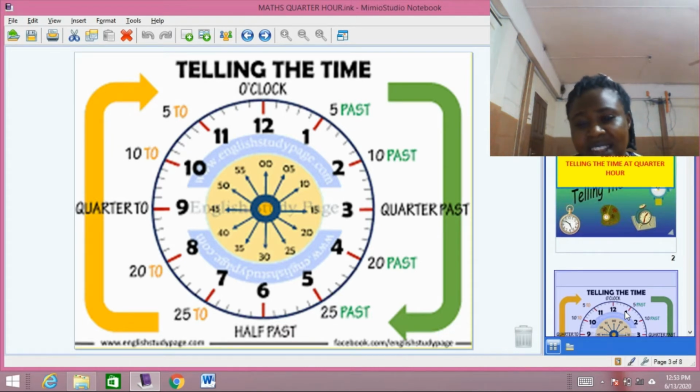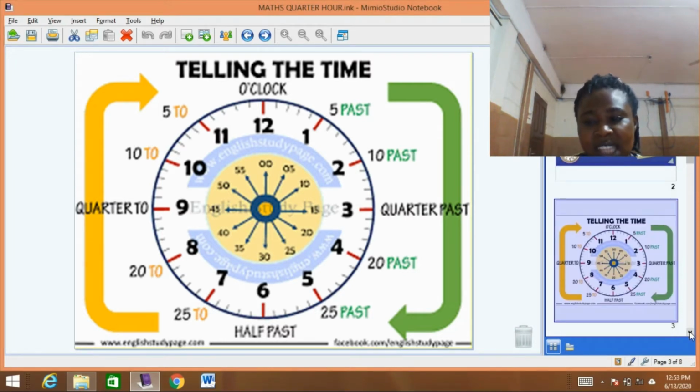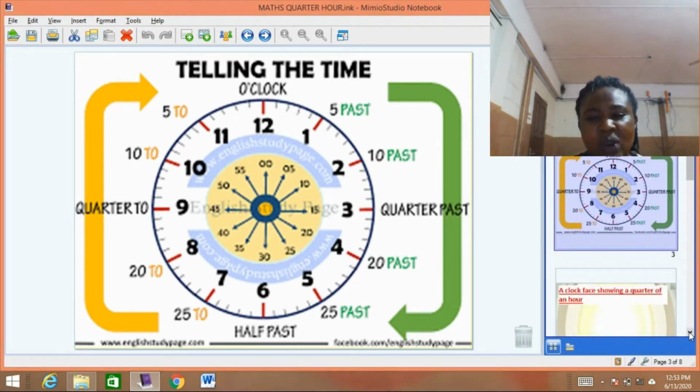But in this lesson today, as I've said earlier, we'll be focusing more on telling the time using quarter hour. When we are talking about quarter hour, that means we are dividing a whole into 4. When you have a whole, you divide it equally into 4, you have quarter. That means 1/4 of a whole.